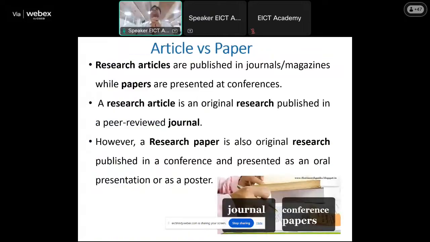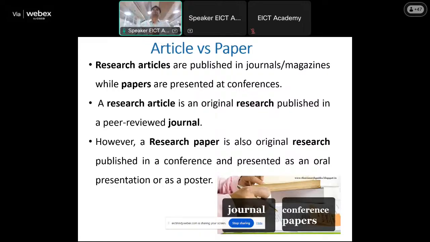Now we will be discussing article and paper. There is a word which is interchangeably used. Some of them use the word article, some use paper. There is no clear-cut definition, but usually when I use the word article, I am considering that it is published or about to be published in a journal or a magazine, while I use the word paper with respect to a conference.